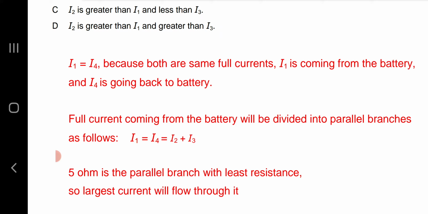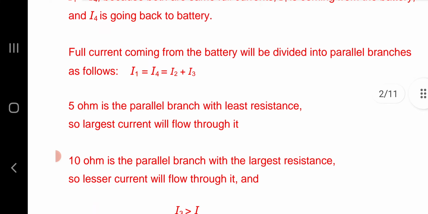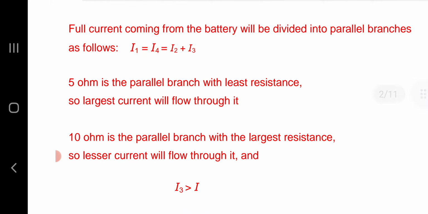The 5 ohm branch is the parallel branch with the least resistance, so the largest current will flow through it. The 10 ohm branch is the parallel branch with the largest resistance, so lesser current will flow through it. So I3 is greater than I2.